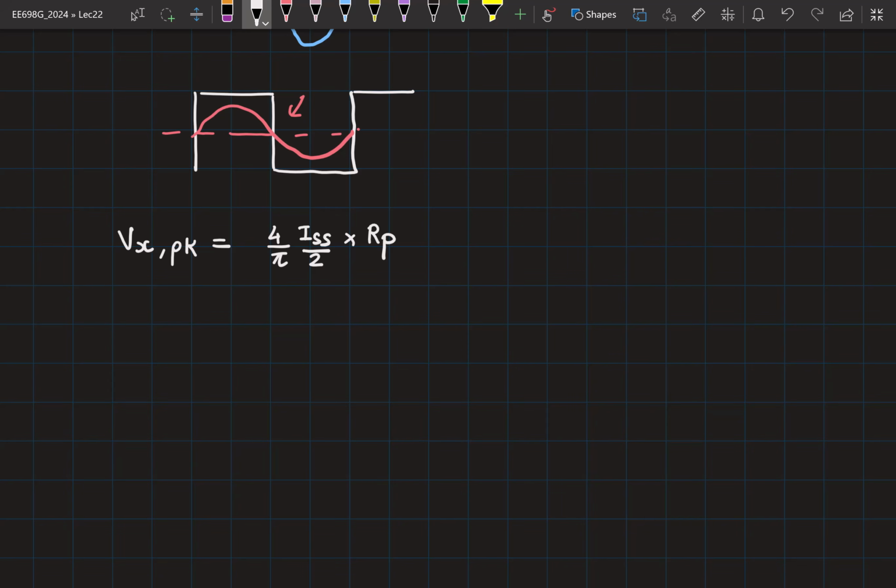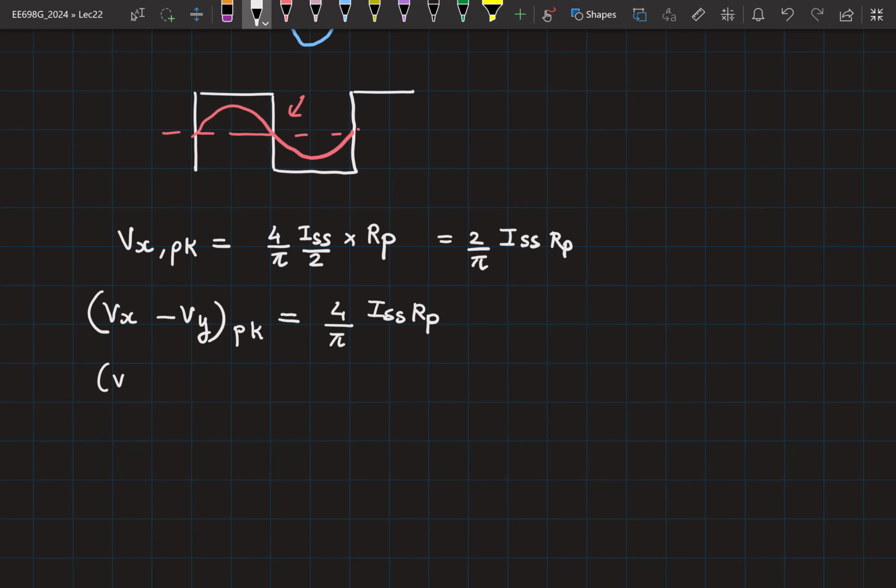This is okay? So that is simply 2 by pi into ISS into Rp. Now let us look at the peak value of the differential output. So I am interested in Vx minus Vy peak value. How much would this be? Twice of this, right? So 4 by pi into ISS into Rp.